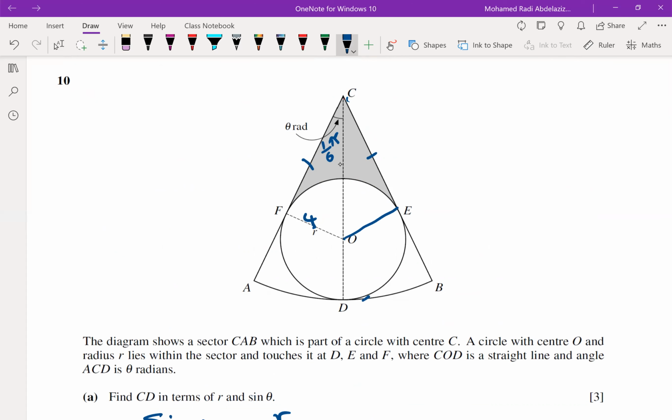OC is a line of symmetry for the kite FCEO, meaning it bisects angle C and bisects angle O, but they are different angles. We have two sides, CE and CF, which are two tangents to the circle, they are equal, and we have a kite, and OC is a line of symmetry of this kite.